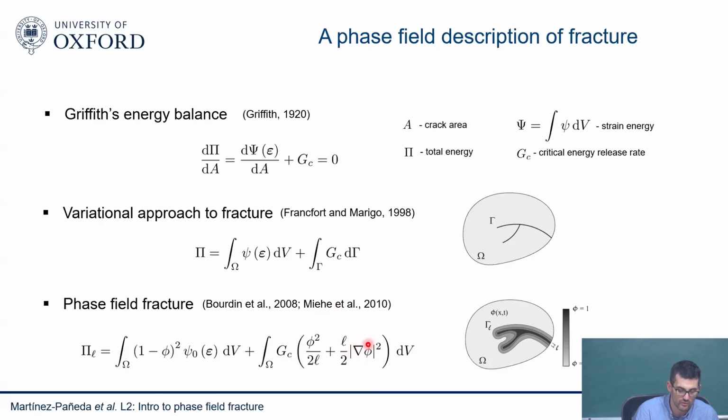But the key point is that because you have a length scale, your results are going to be mesh independent, mesh objective. Your mesh has to be fine enough to resolve that length scale. We'll discuss that later. But if your mesh is fine enough to resolve that length scale, you are safe. So it's not like most continuum damage mechanics models where, with one engineer running the simulation with the same parameters but a different mesh, you're going to get different results than the engineer sitting next to you.